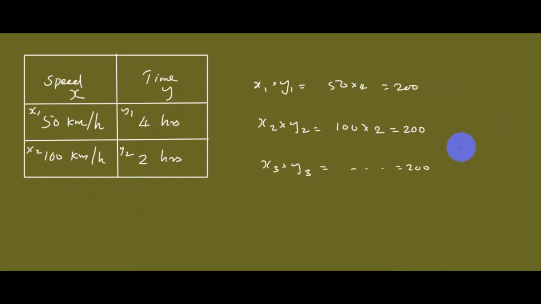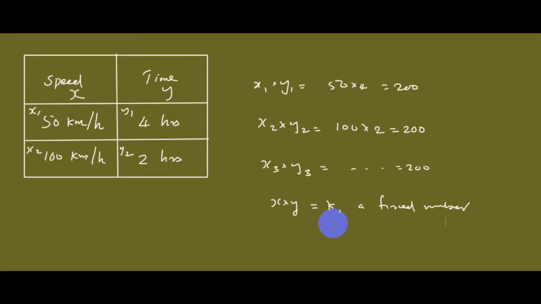What we see is that x into y is always equal to k, a fixed number, which we call a constant. Therefore, if two quantities x and y are in inverse proportion, then xy is equal to k.